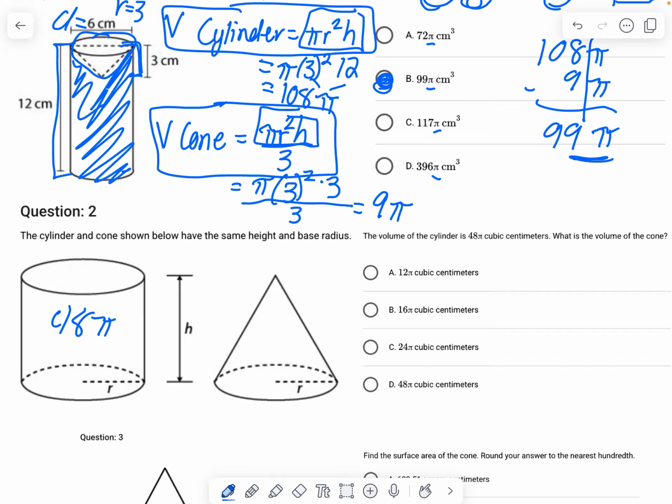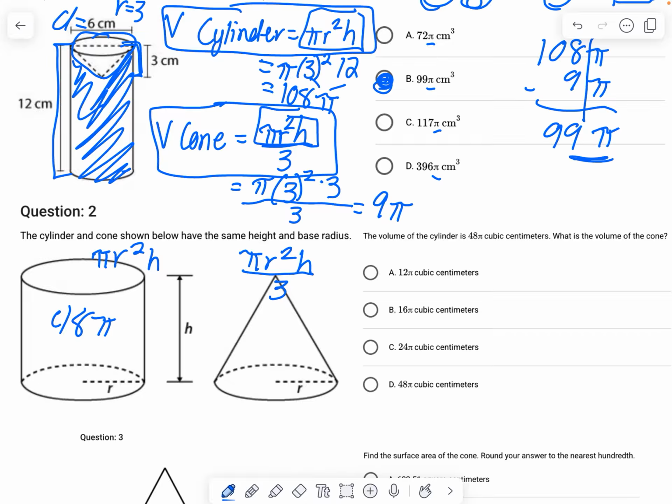What is the volume of the cone? So we see that the cylinder's formula is pi r squared times height, and the cone is pi r squared times height divided by 3.